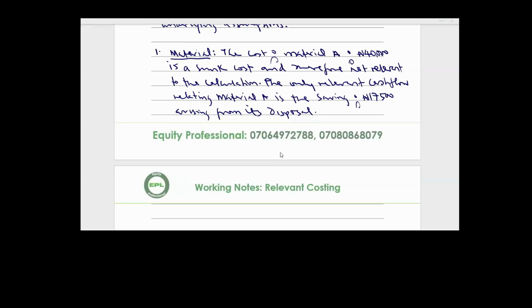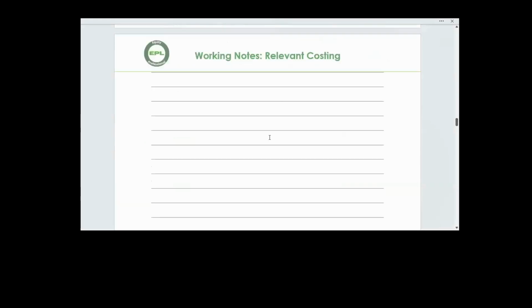Then the next one is labor cost, direct labor cost. Number 2, direct labor cost. How much is the labor cost? I will then go back to the question. We are told that direct labor cost of 60,000 naira relates to workers that will be transferred to this project from another project.